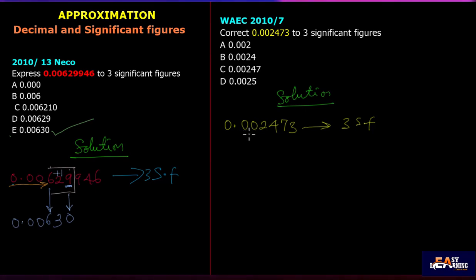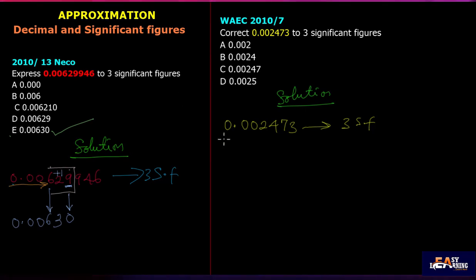These leading zeros, we don't factor them in yet. And the next thing that we are going to do is to look at this 1, 2, and 3. Look at them.